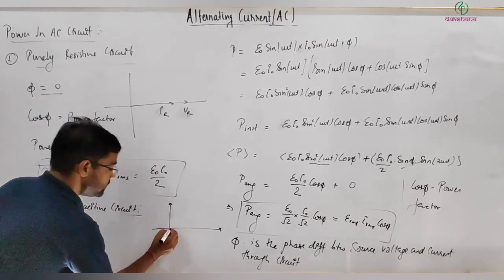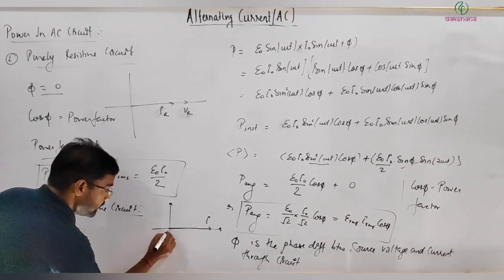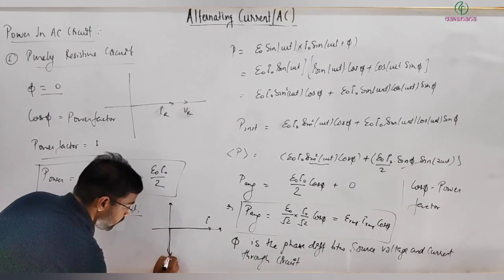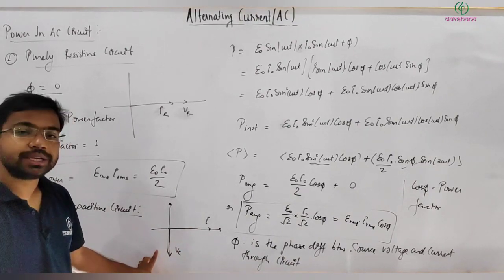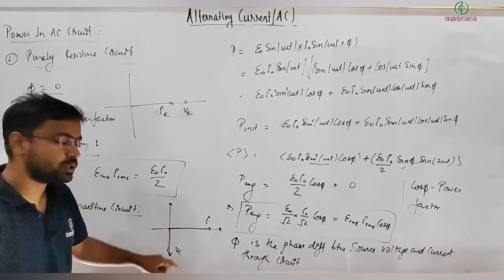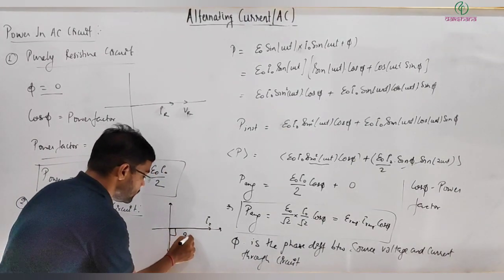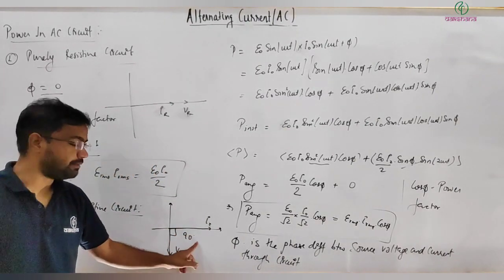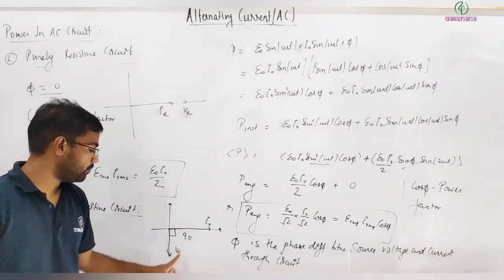In case of a capacitive circuit, if this is I through the circuit, then VC is down, because VC lags the current through the capacitor by a phase angle of 90. So what is this phi? It is the phase difference between current and potential drop, or voltage.